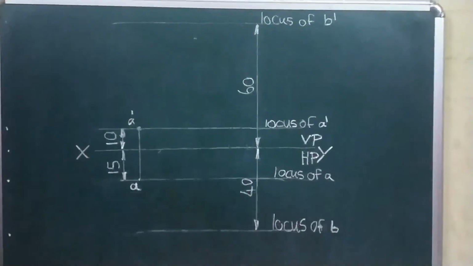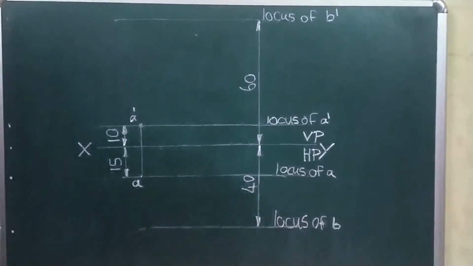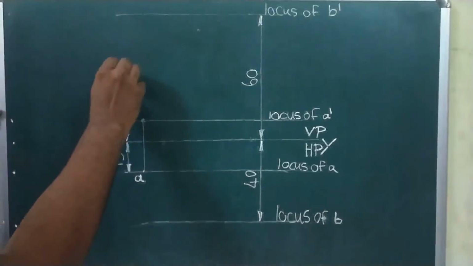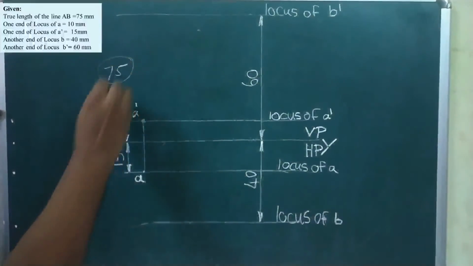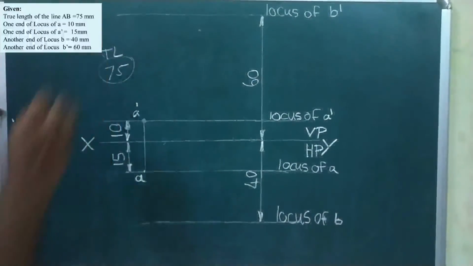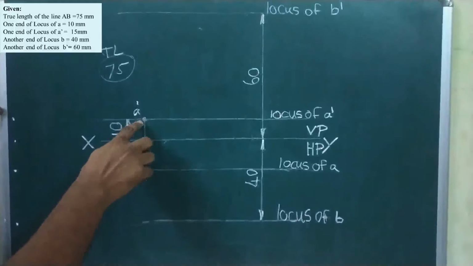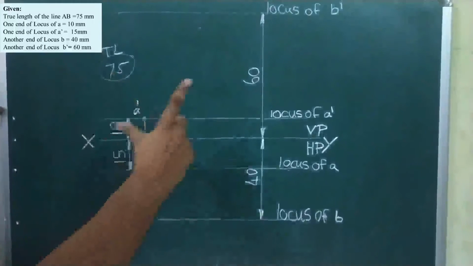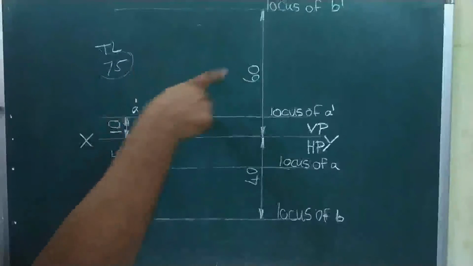Now check the given data, and the next one is the true length. Yes, the true length is 75 mm. From A dash, make an arc with a distance of 75 mm on the locus of B dash.